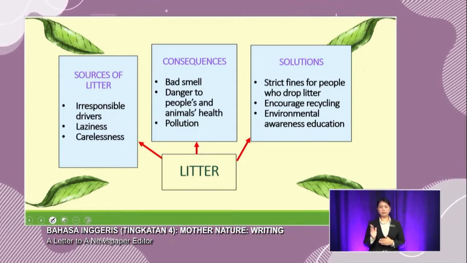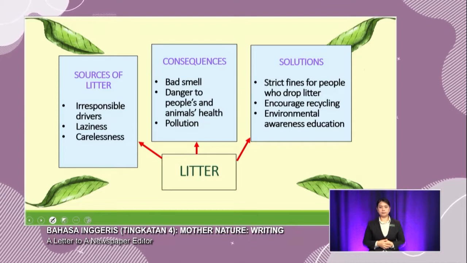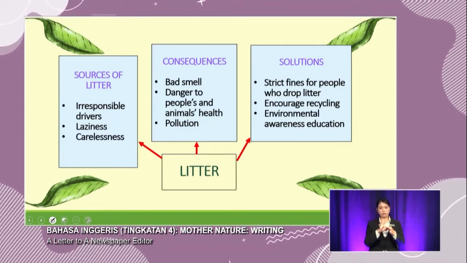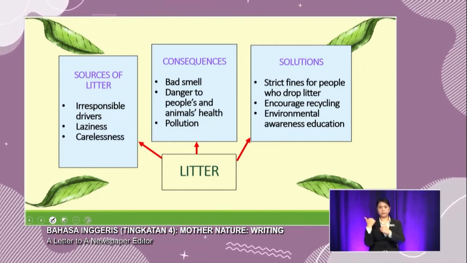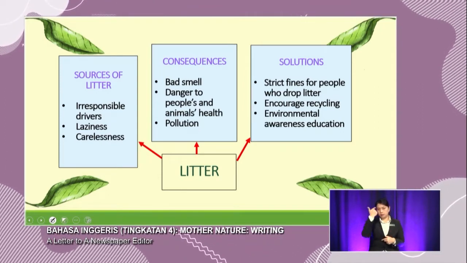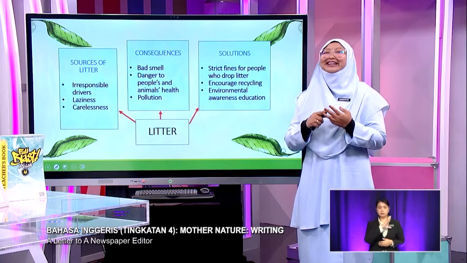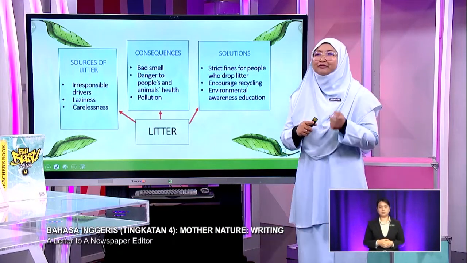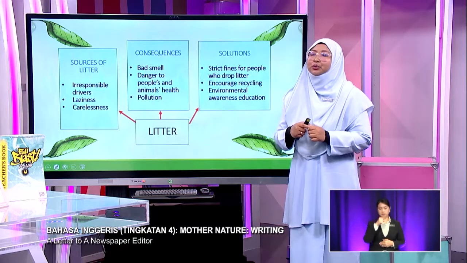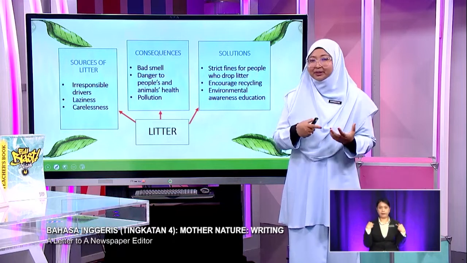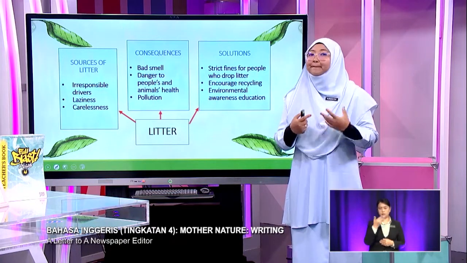Obviously, maybe because of irresponsible drivers, maybe because of laziness, maybe because of their carelessness. Quite bad, right? Very bad, I think. For the consequences, we have bad smell, danger to people's and animals' health, and also pollution.